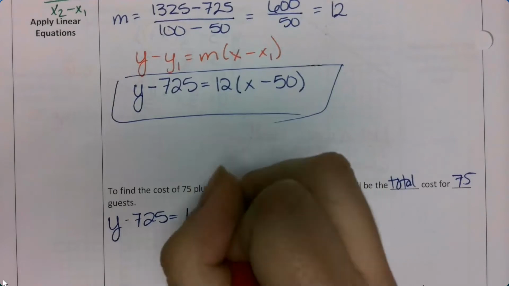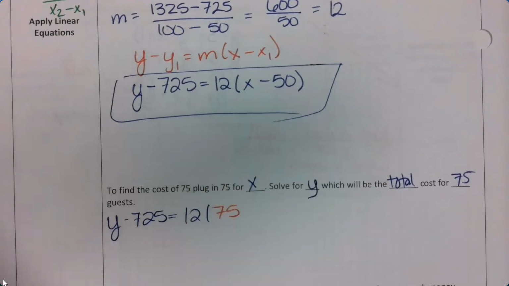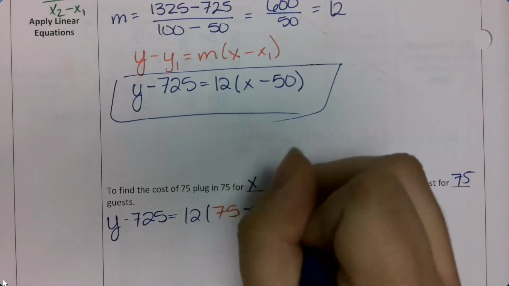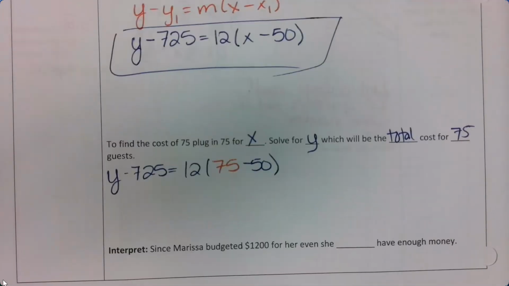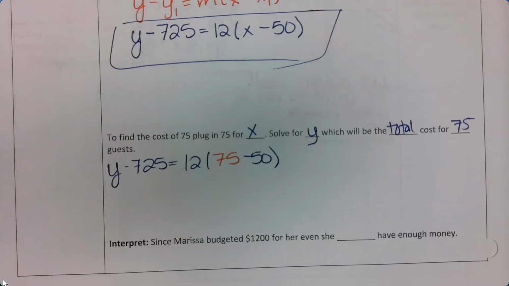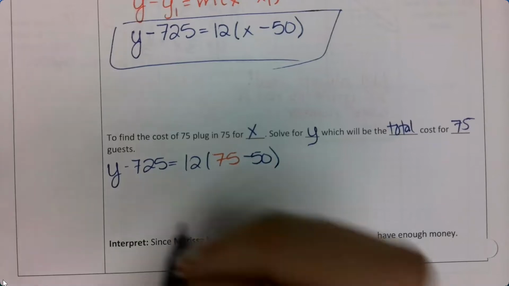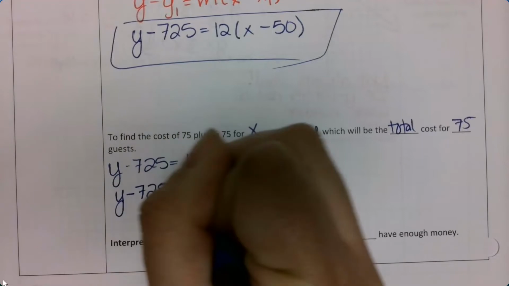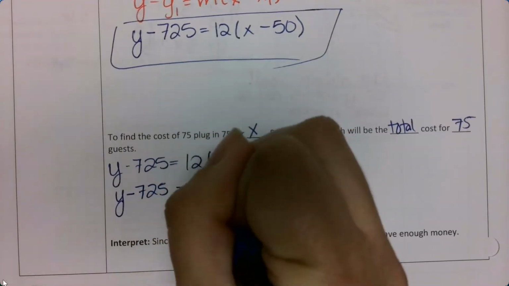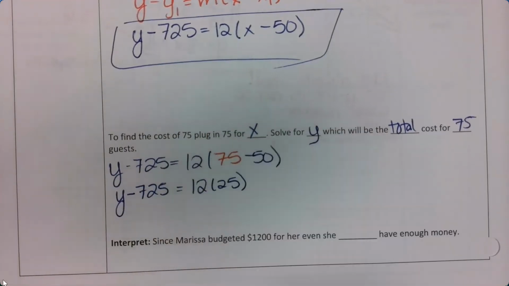So instead of that X, I'm going to plug in 75. Okay. So, what is 75 minus 50? Yep. Okay. Okay, so what is 12 times 25?